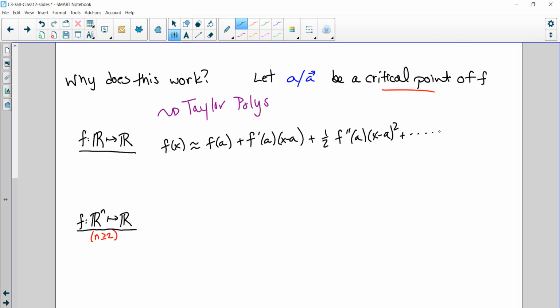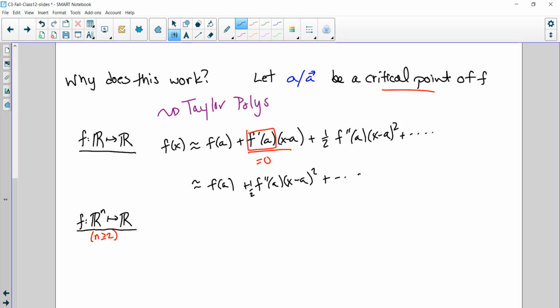What we know is that the second term, isn't this just 0, because of this little piece here? So we can reduce this. It's approximately f of a plus 1/2 f double prime at a times x minus a squared plus dot dot dot, and so on and so forth.